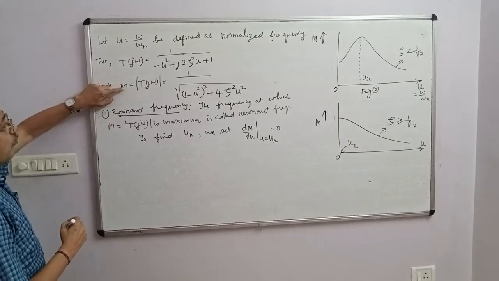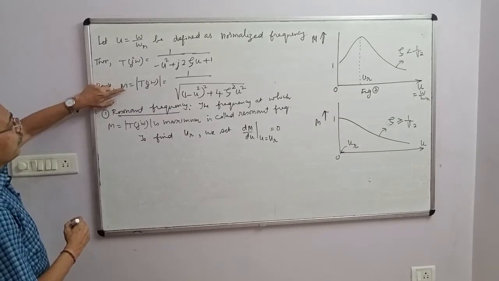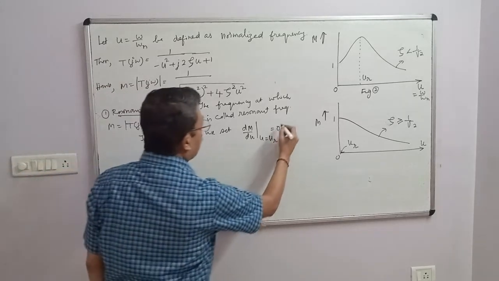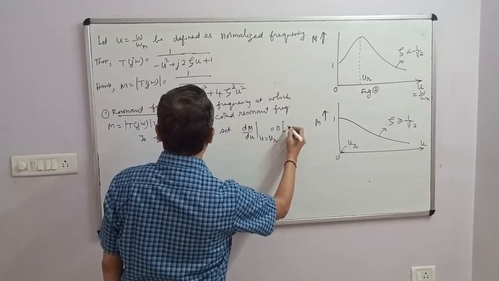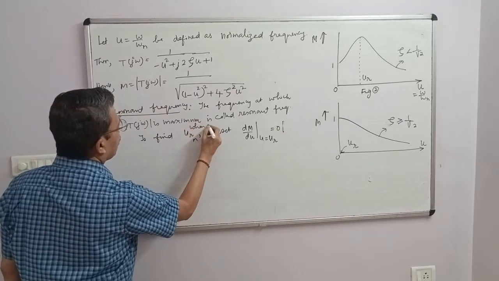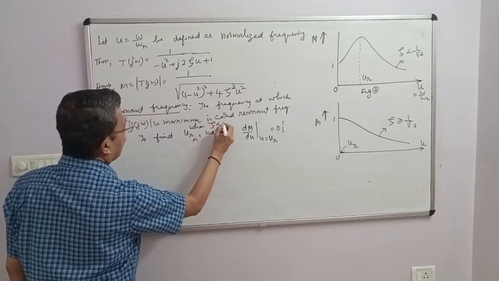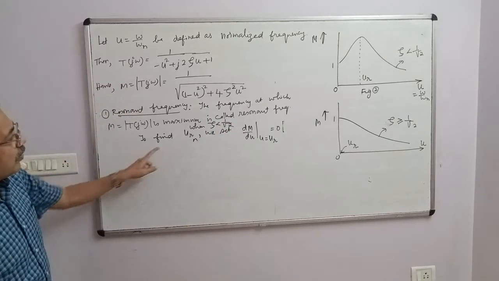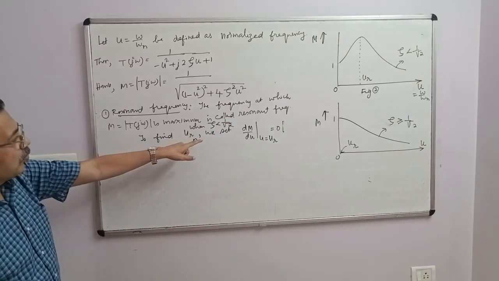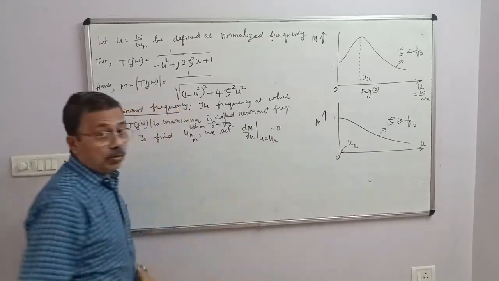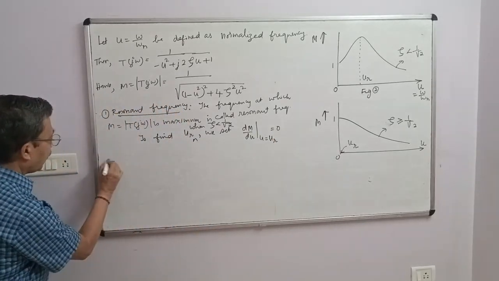Differentiate the expression for m with respect to u, and this has to be used to find UR when zeta is less than 1 by root 2. To find UR when zeta is less than 1 by root 2, we set dm by du at u equal to UR to 0. This implies, differentiate this.